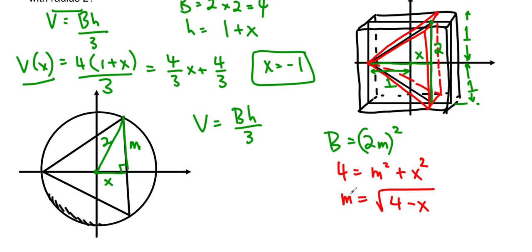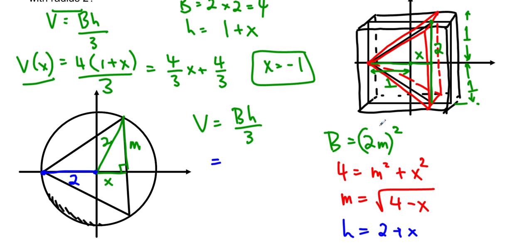So we can use these two pieces of information as well as the height of the pyramid. We know that the height of the pyramid is going to be this x plus this length from the origin to the edge of the sphere. It's 2. So the height is 2 plus x.